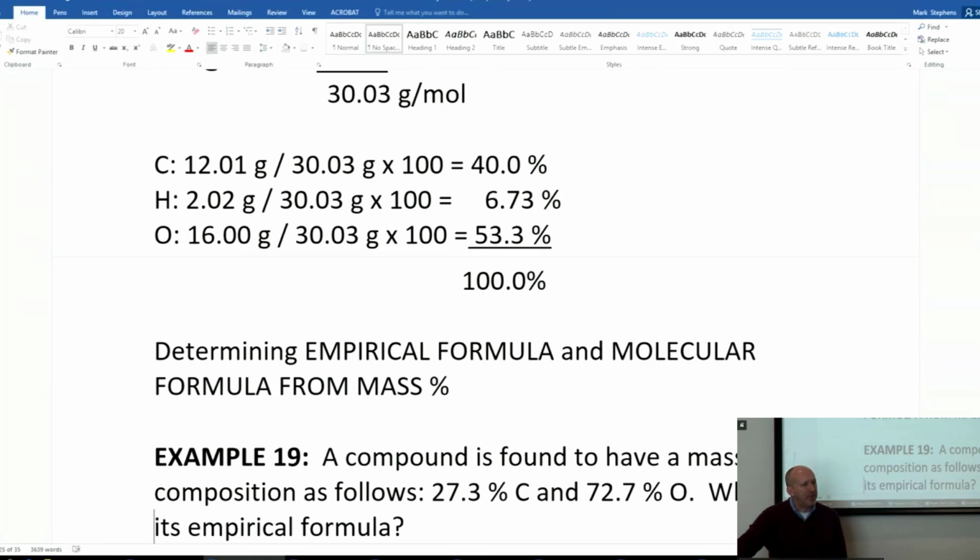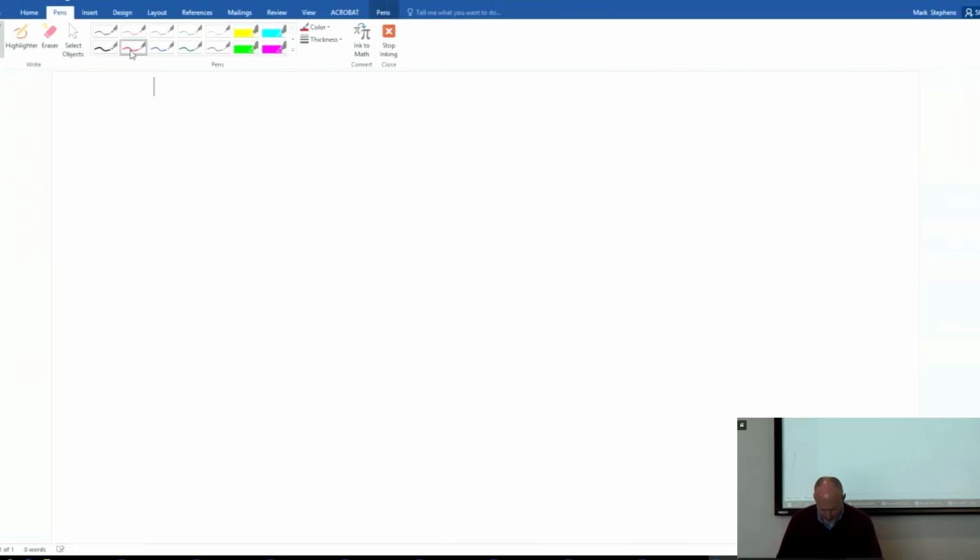These are mass percentages. I want to do an empirical formula. Is an empirical formula based on mass or moles of material in the system? It's based on moles. Before I can do an empirical formula, I have to convert everything to a mole basis. All right, so my working information.